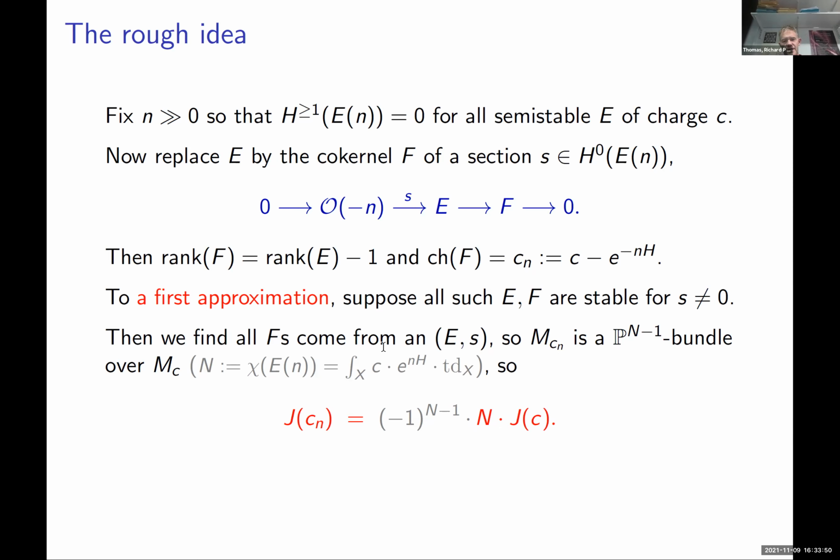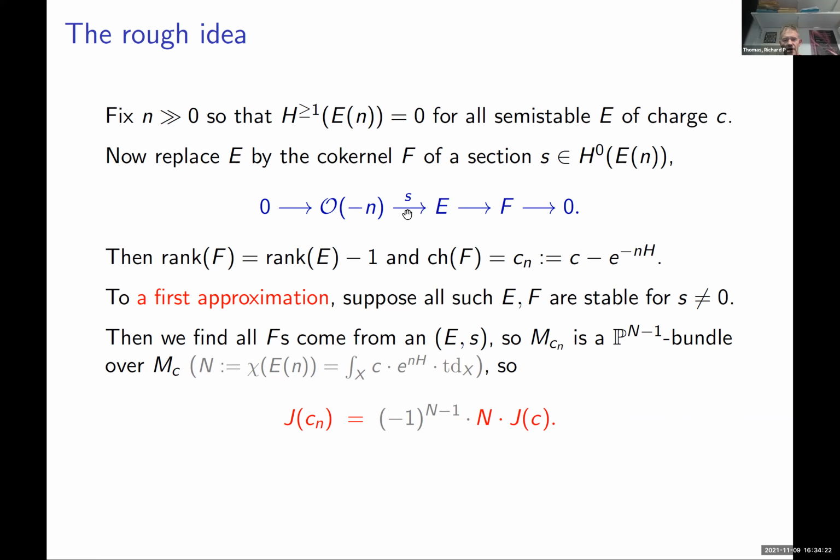That's the key idea to everything we do. The reality is, of course, F needn't be stable, E needn't be stable, and what we do is find a stability condition for which more or less they are both stable, and then we wall cross until we get to the stability condition we're really interested in, which is maybe Gieseker stability for E and F. That will produce all kinds of corrections to this formula, and then the game is to try and control those corrections. But this is the rough idea of everything.